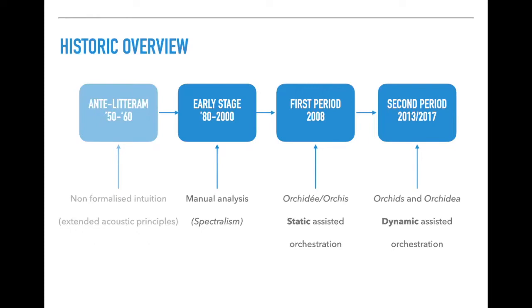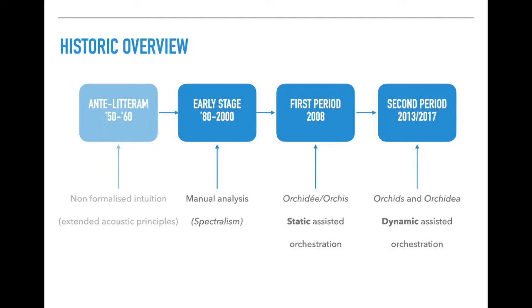And then there are the last two stages that are officially assisted orchestration, meaning that we have tools to assist composers during the orchestration stage. The first period that officially I see starting in 2008 is with Orchidea and Orchis, these two tools that were for static assisted orchestration.